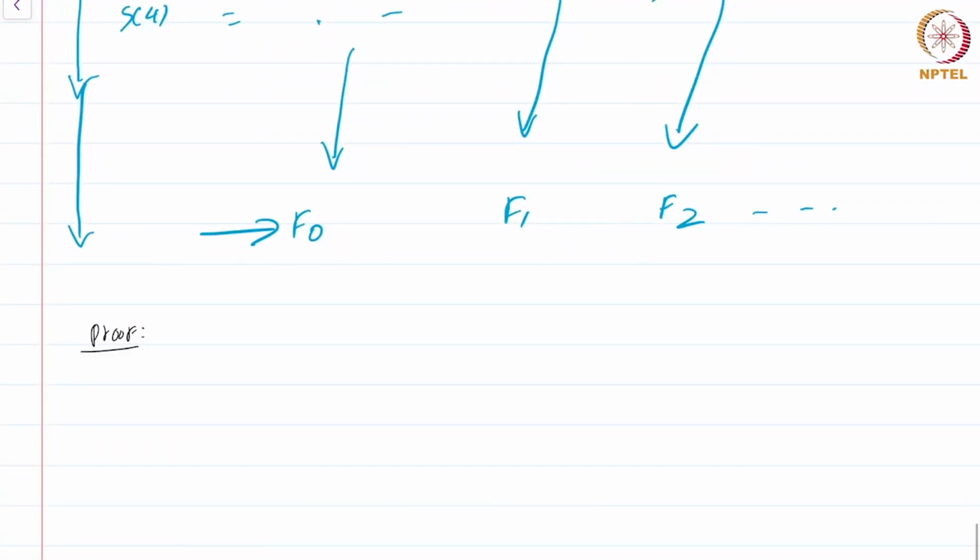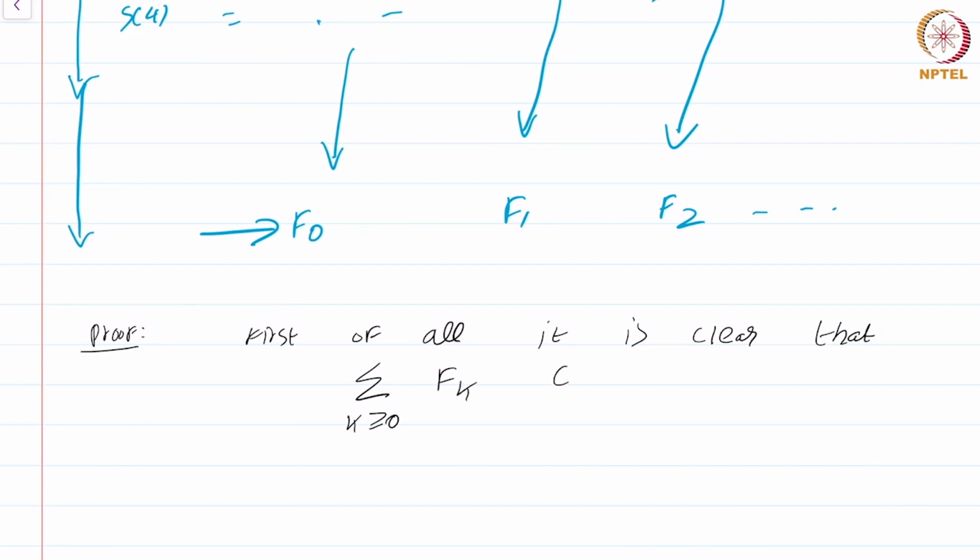Proof. First of all, it is clear that the summation over k greater than or equal to 0 of f_k converges. In fact, absolutely.